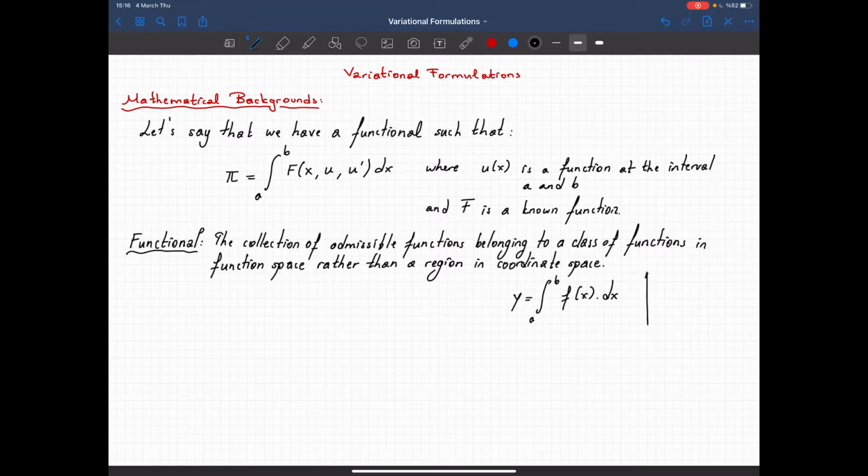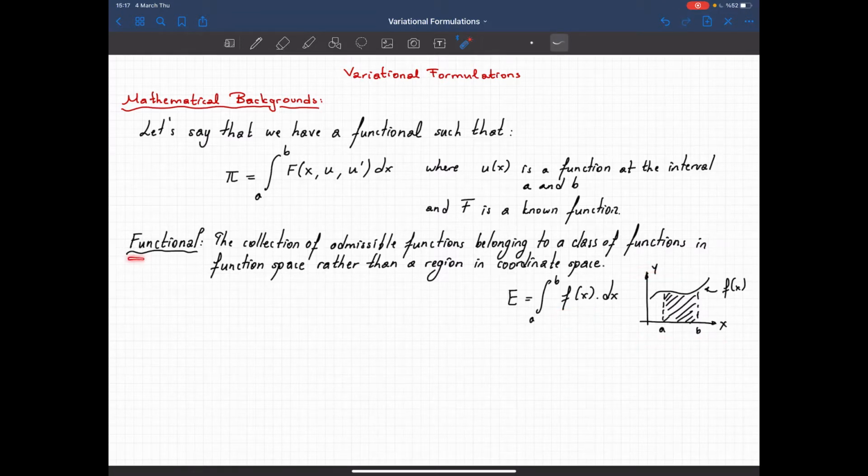We have a coordinate space in x and y, and we have an f of x here, and when we integrate it between a and b, the integral will give the area under that function. So that's the definition of a typical function defined in a coordinate space.